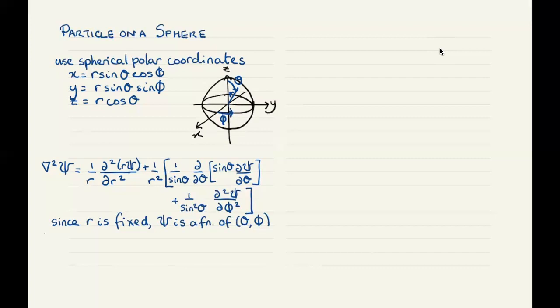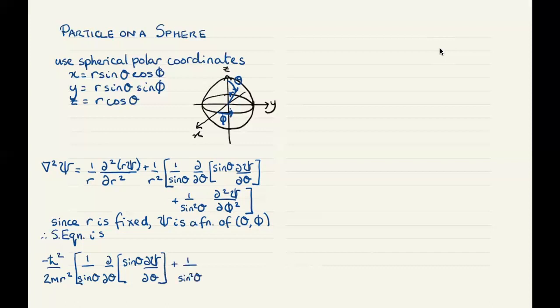And so our Schrödinger equation is minus h bar squared over 2m r squared, 1 over sine theta d by d theta sine theta d psi by d theta plus 1 over sine squared theta d2 psi by d phi squared, equal to E times psi.